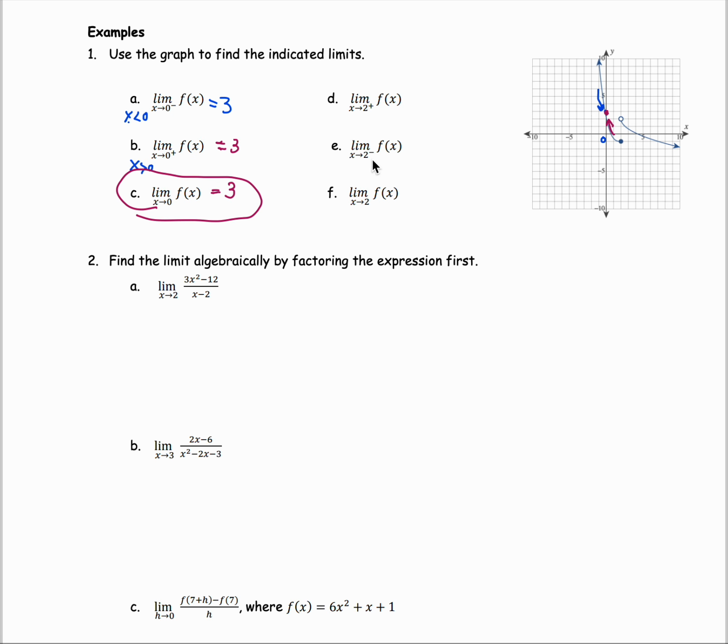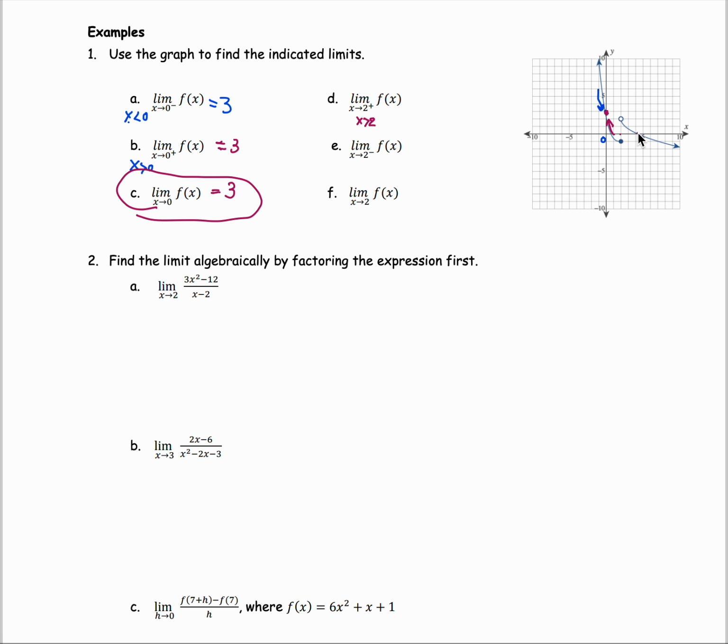Let's move on to D, E, and F. This time, the point is 2, so the 2 is right there. In part D, x approaches 2 from the positive side. That means we look at the right-hand limit, where x is slightly greater than 2.